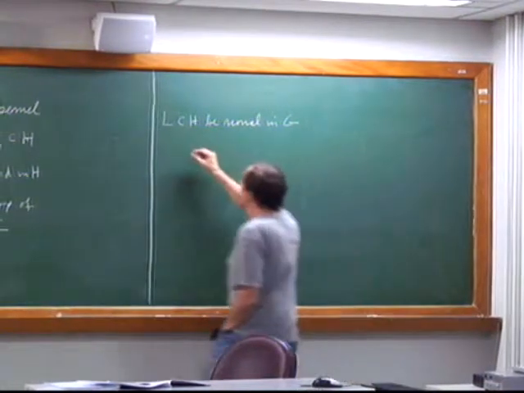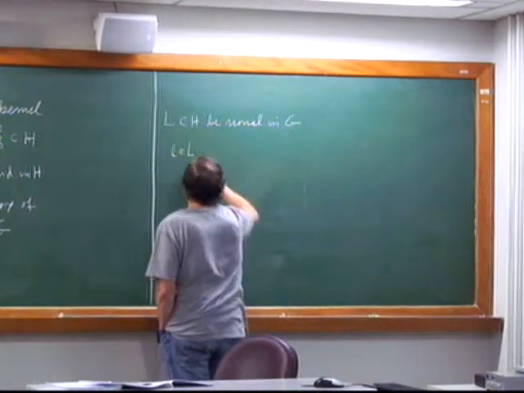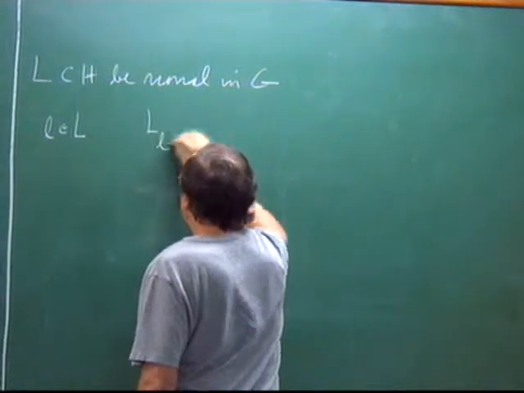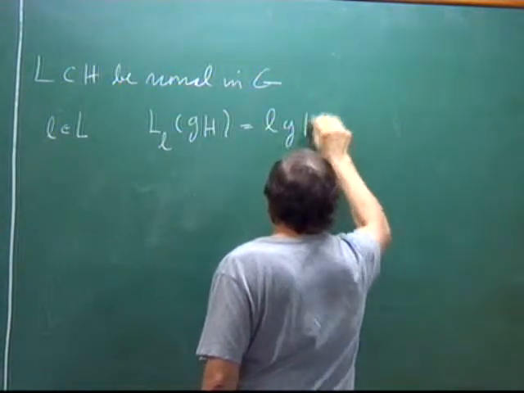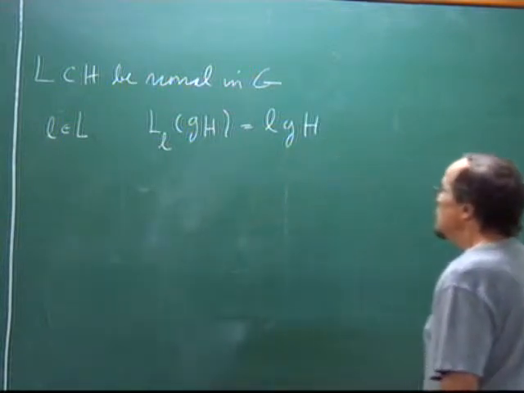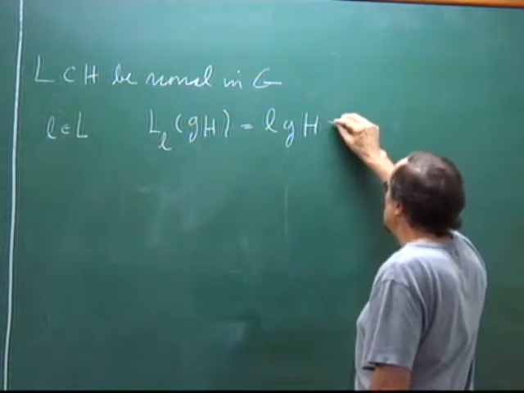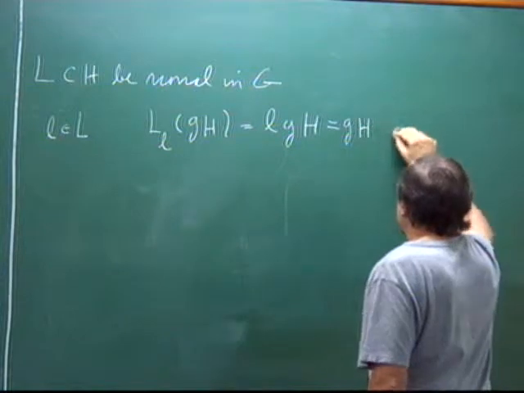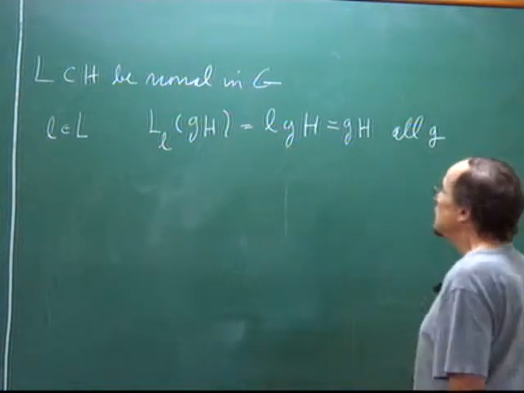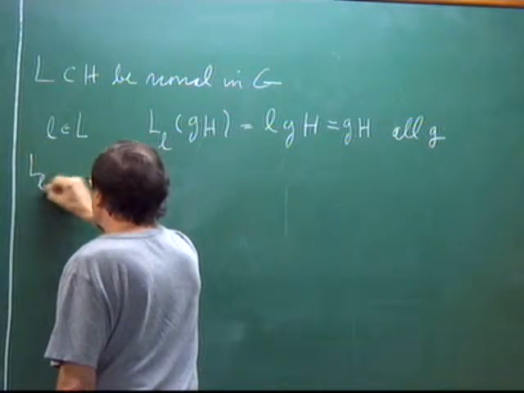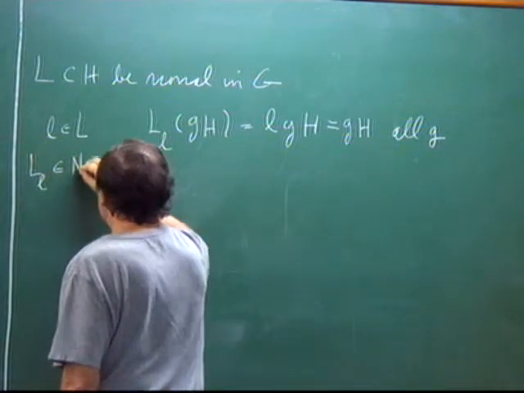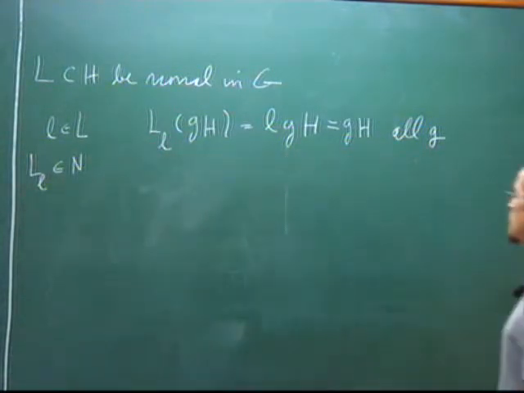That's what it means. So let's take an l in the group L. Left translation by l on a coset gH is lgH. For this to be identity means that this must be equal to gH for all g. So left translation by l lies in the ineffective kernel if and only if this is true.